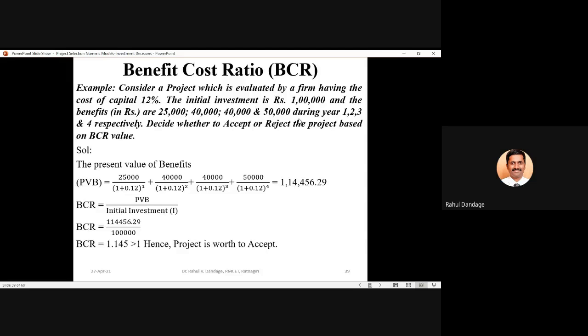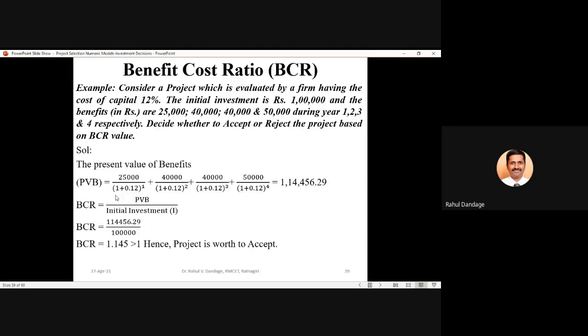So present value of benefits, if we want to calculate, each benefit must be divided by 1 plus discount rate, bracket raised to 1, 2, 3, 4, the year at which those benefits occur in the project life cycle. This is nothing but conversion of the future benefits into their present values by discounting with the cost of capital given.